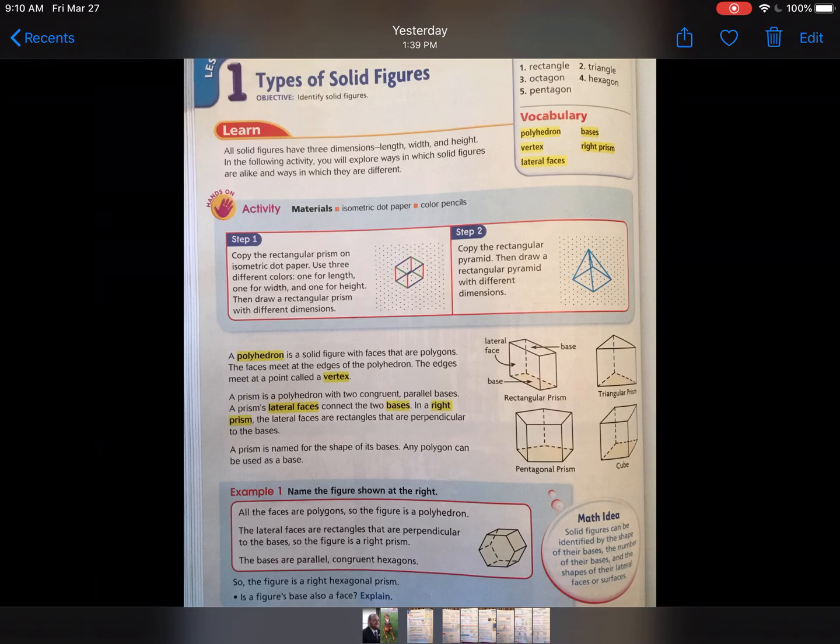There are 6 rectangles connecting 2 hexagons. That means this is a hexagonal prism. And you can see it says a right hexagonal prism when it spells it out there. You don't need to tell me right. Hexagonal prism is good enough.